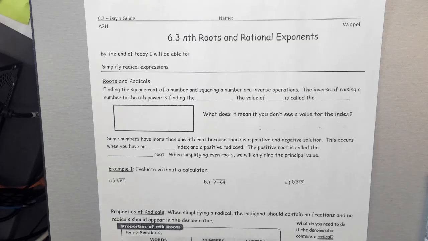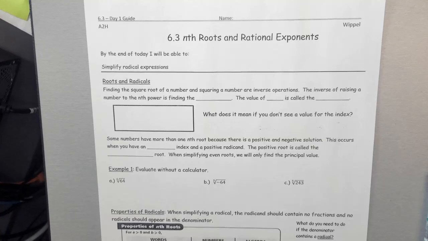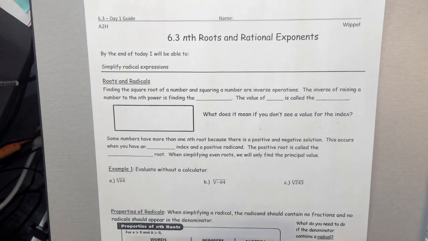Okay, so when you are thinking about inverses, the square root of a number and squaring it are inverses. So when you square a square root, those operations undo one another. When you take the square root of a square, those operations undo one another.